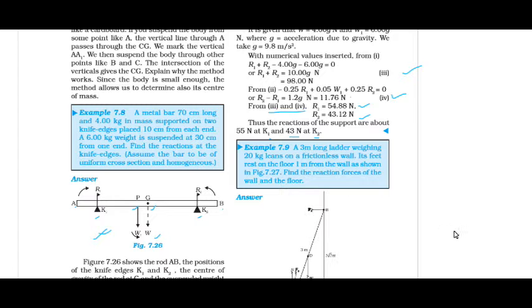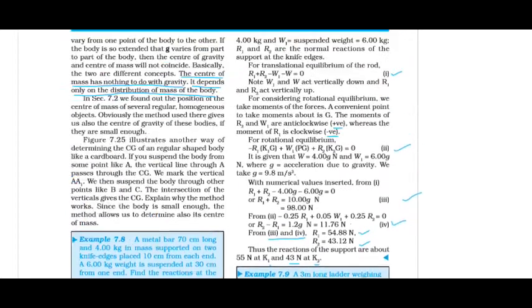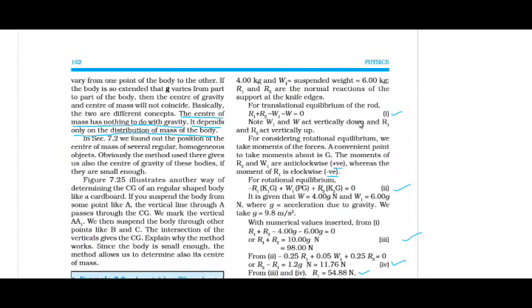Let us solve the next question. Before solving it, let us note the main points to solve this problem. First, find the equation for translational equilibrium of the rod and the equation for rotational equilibrium. All the weights are acting downward, and all the reactions are acting upward.